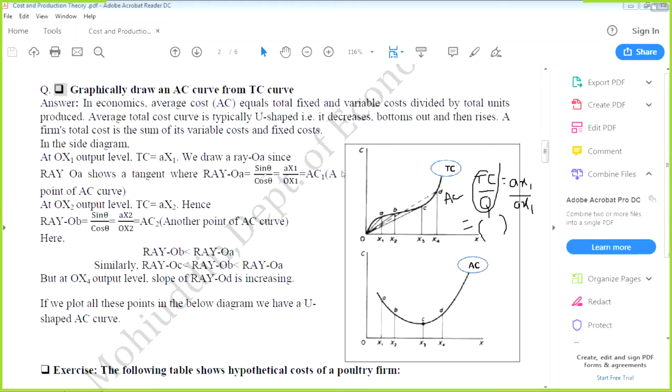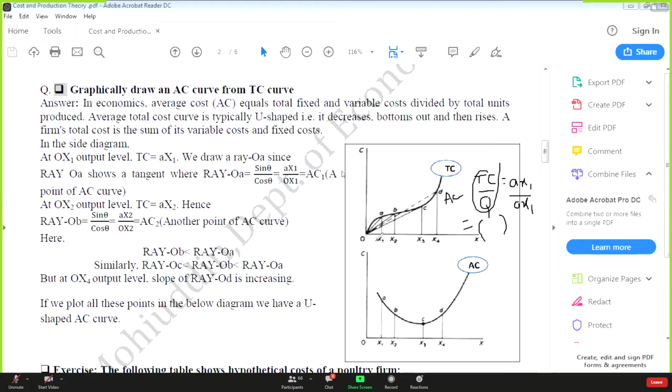If you want to find out the tangency, the value is the height divided by the width. Is it clear what I am trying to say?